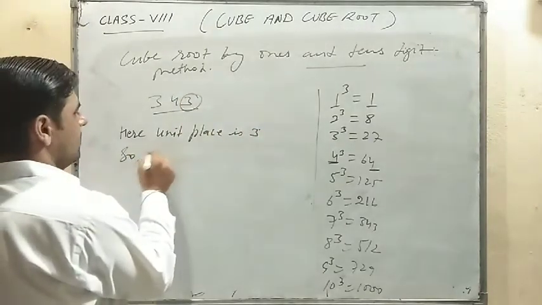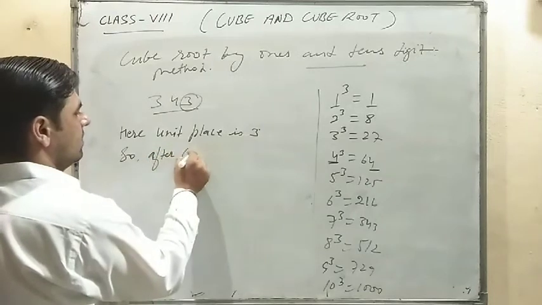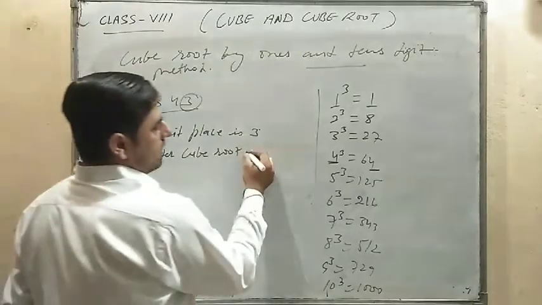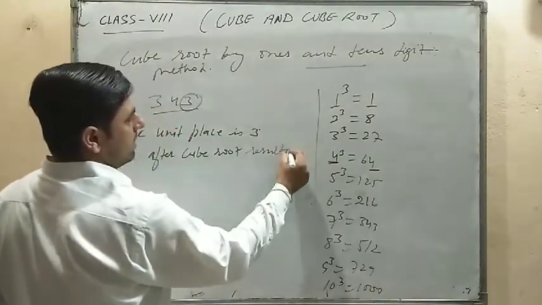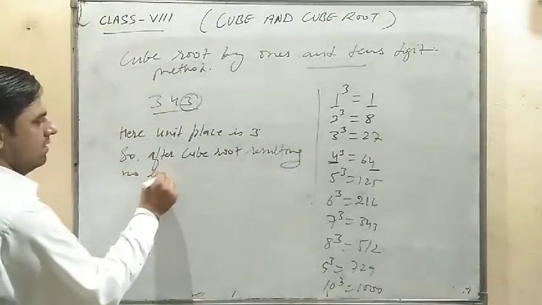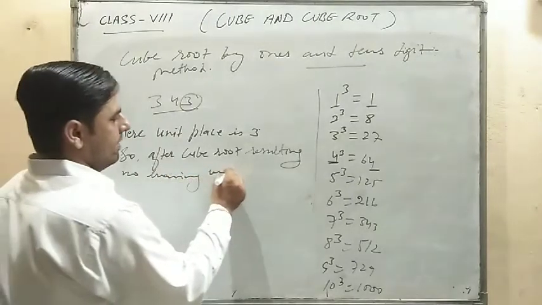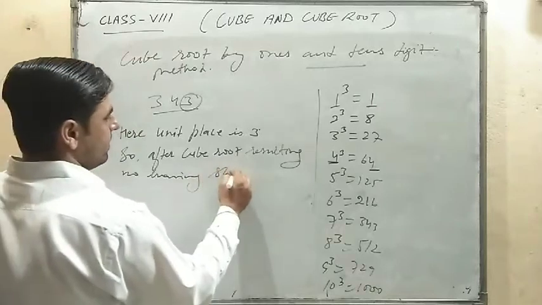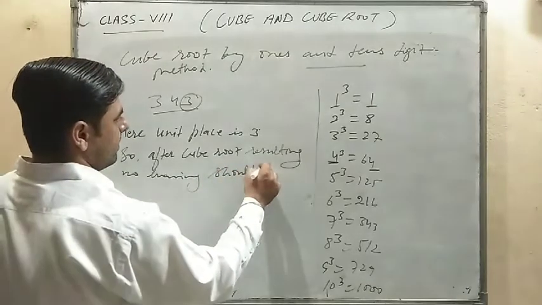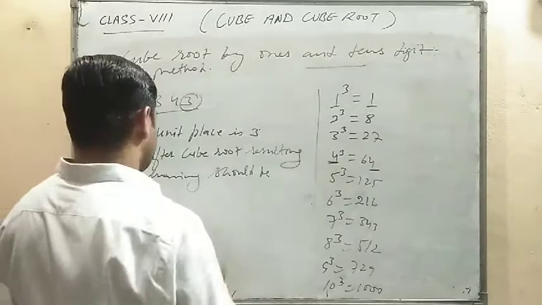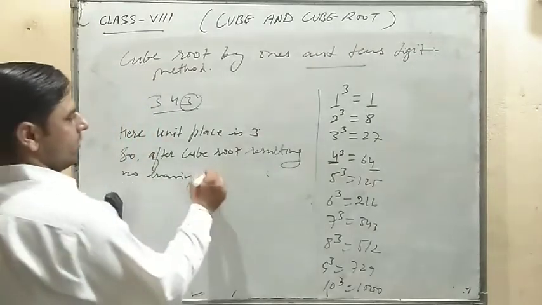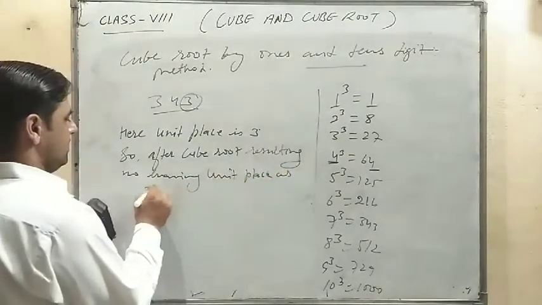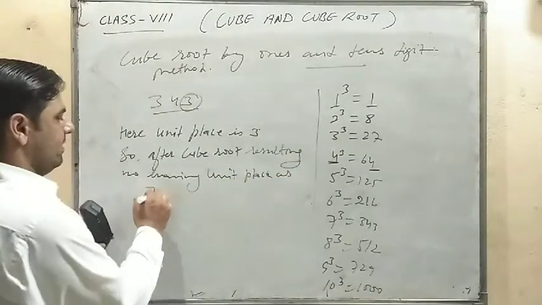So after the cube root, the resulting number should have unit place 7.